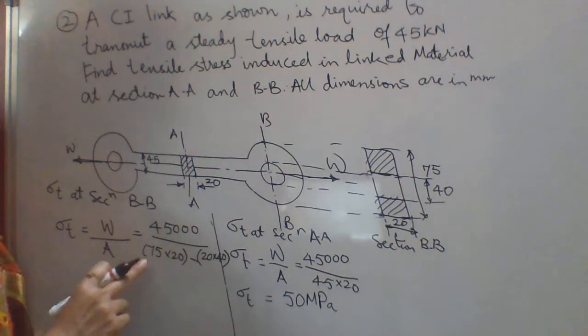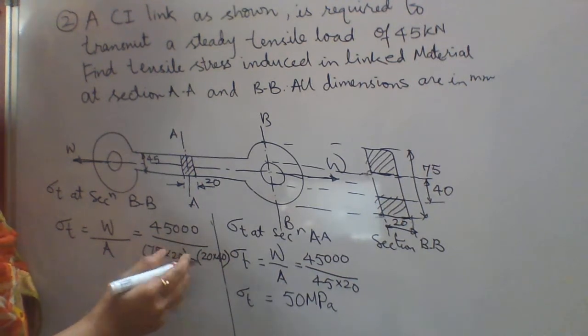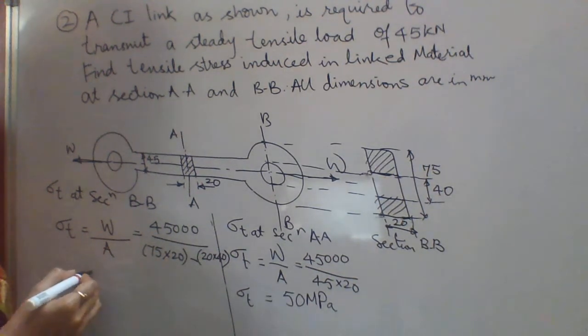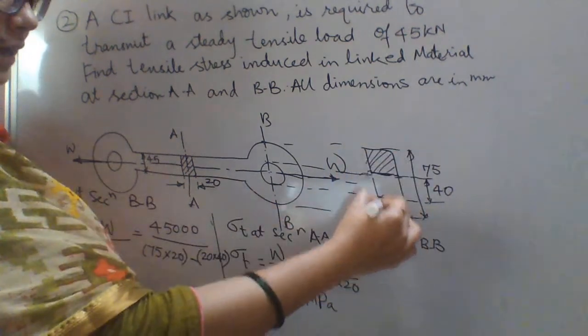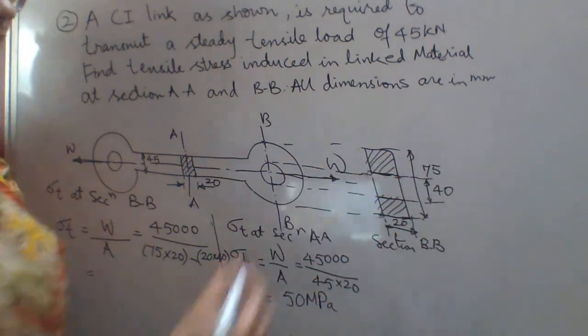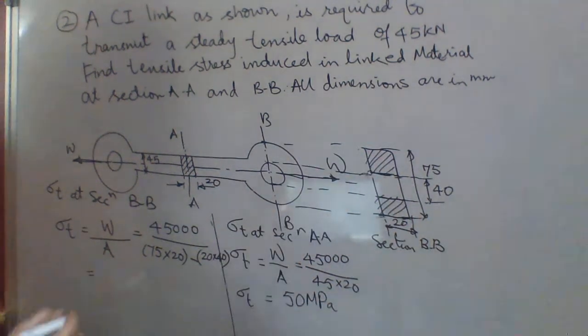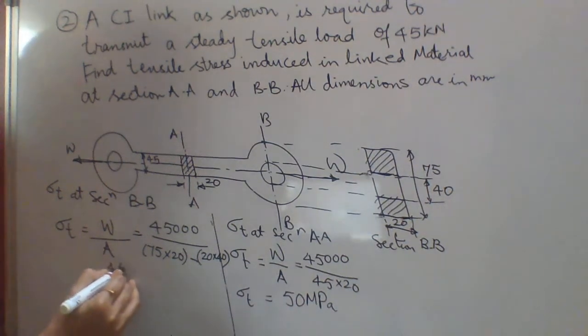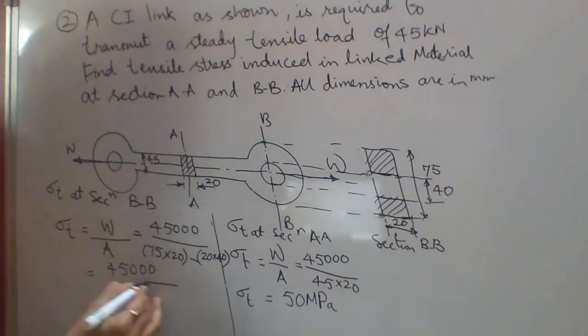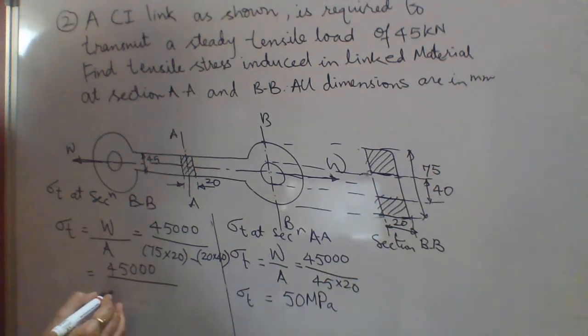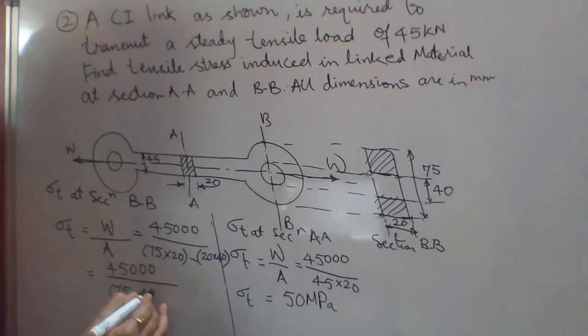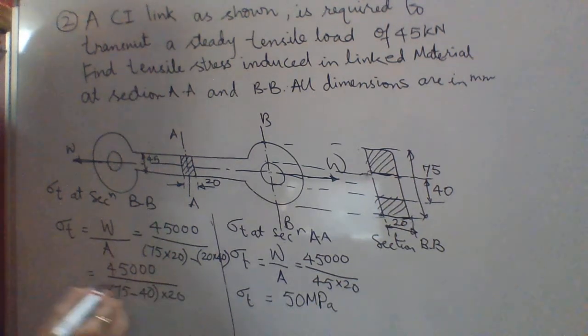Can you see this? 75 into 20 minus 20 into 40: the big rectangle minus this small one. That small one is 20 by 40. It becomes 45,000 divided by, if we take the 20 as common, 75 minus 40 into 20.